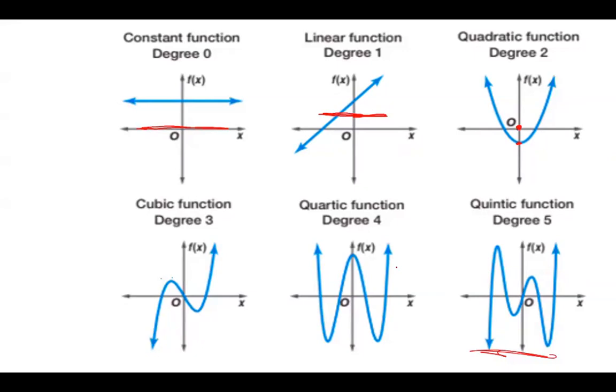Then, before this point, the function is decreasing. That means the derivative has to be negative, let's say something like this. And after this point, the function is increasing, so the derivative is positive. So it has to be like this. So this is the derivative. That means, as you can see here, the derivative of a quadratic function is a straight line. Let's keep that in mind, because we are going to find a rule to generalize this idea.